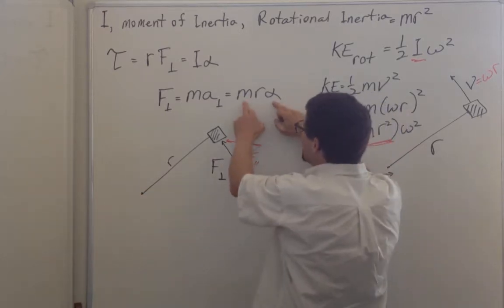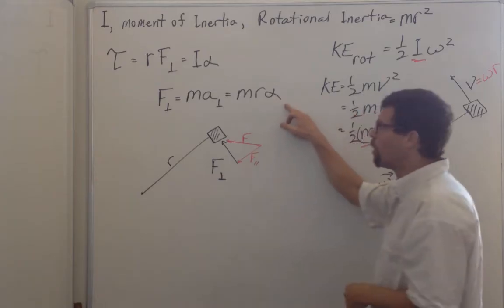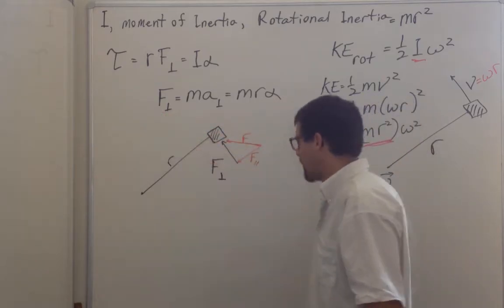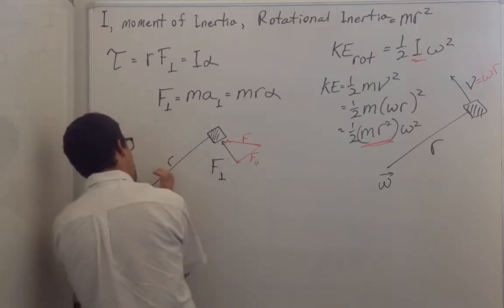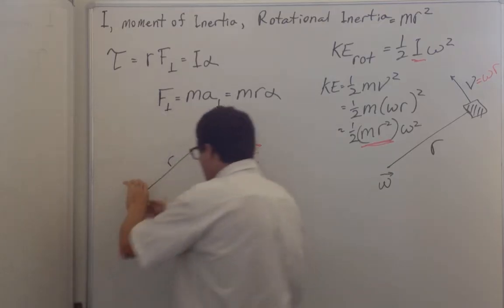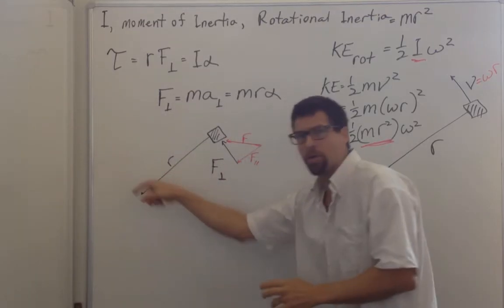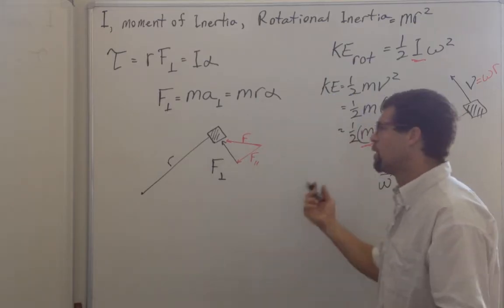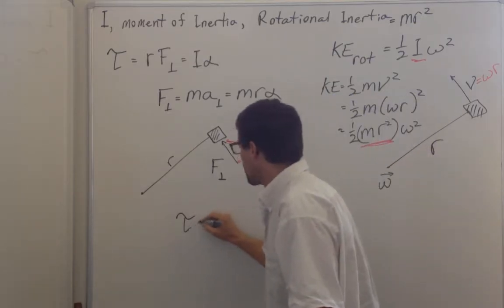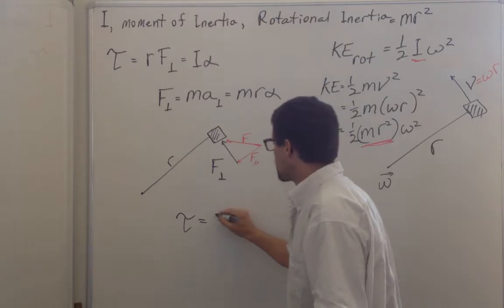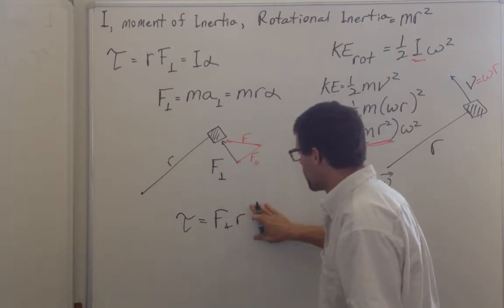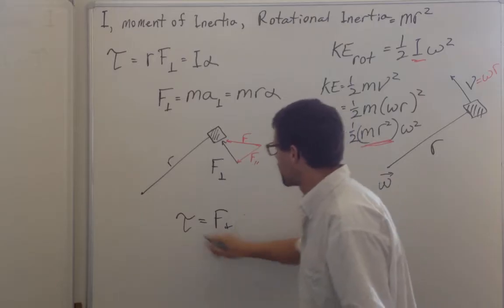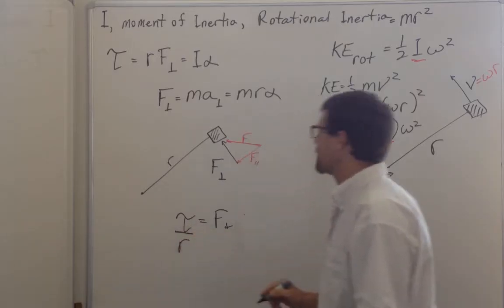And so I put this in terms of rotational motion. But this is not in terms of rotational motion. What if I'm putting a torque on this in order to get that force? I'm pushing it like this, or there's a screw here, or there's a motor trying to turn it. Then I have to say, a torque would be equal to that perpendicular force times the radius, or the perpendicular force is equal to the torque divided by r.